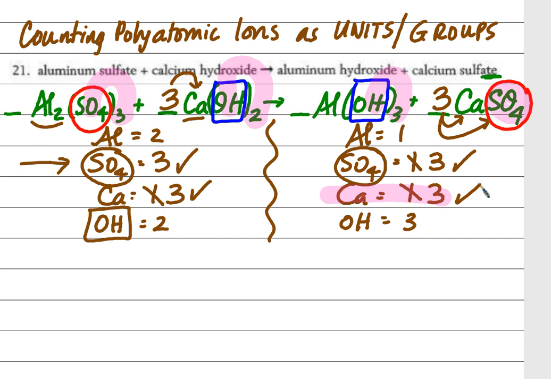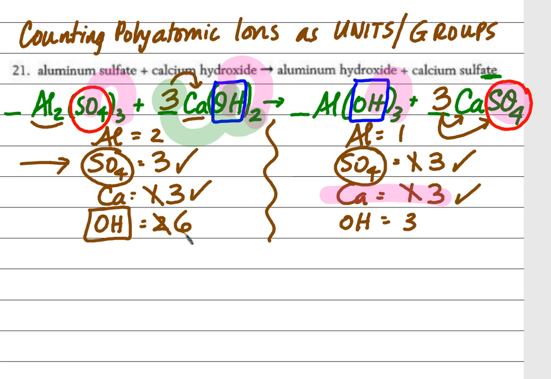But what does that do to the hydroxides? Look carefully. There's 3 as a coefficient of these hydroxides, but those come in pairs. So therefore, there must be 6 hydroxide units.